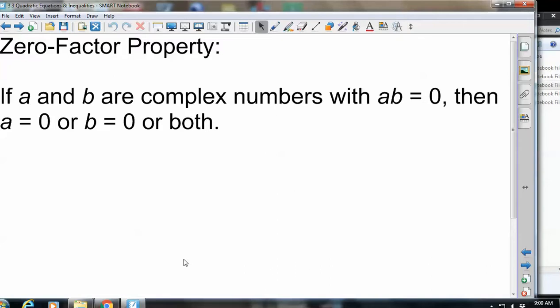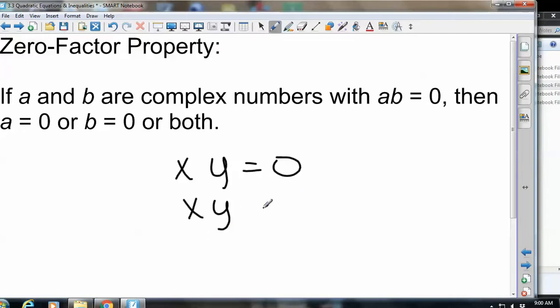This only works for 0. Let's say I said x times y equals 0. Either x or y had to be 0.